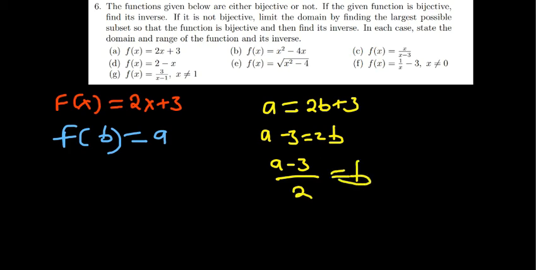Remember that my b is denoting the value of the input. So I'm saying there exists an x value for us to have that a. And this value, a minus 3 divided by 2, is definitely going to be a real number, right?